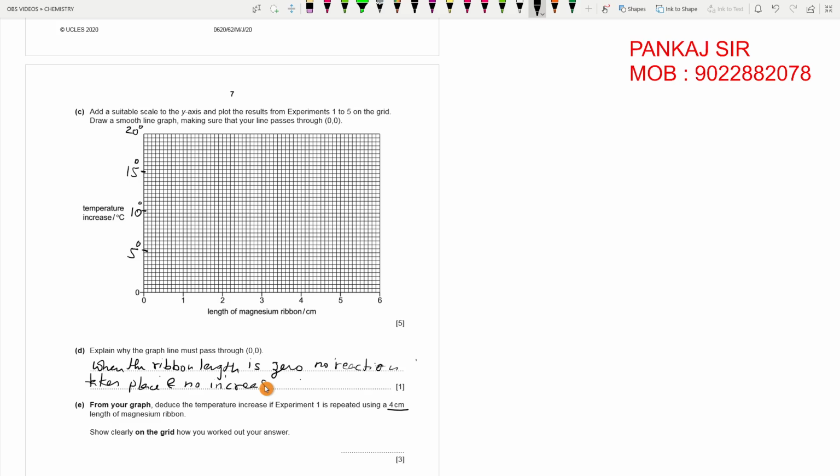Okay, and this is the reason on the x-axis you will have to take 0, and on the y-axis also you will have to take 0. So the coordinate for the starting point will be 0, 0.